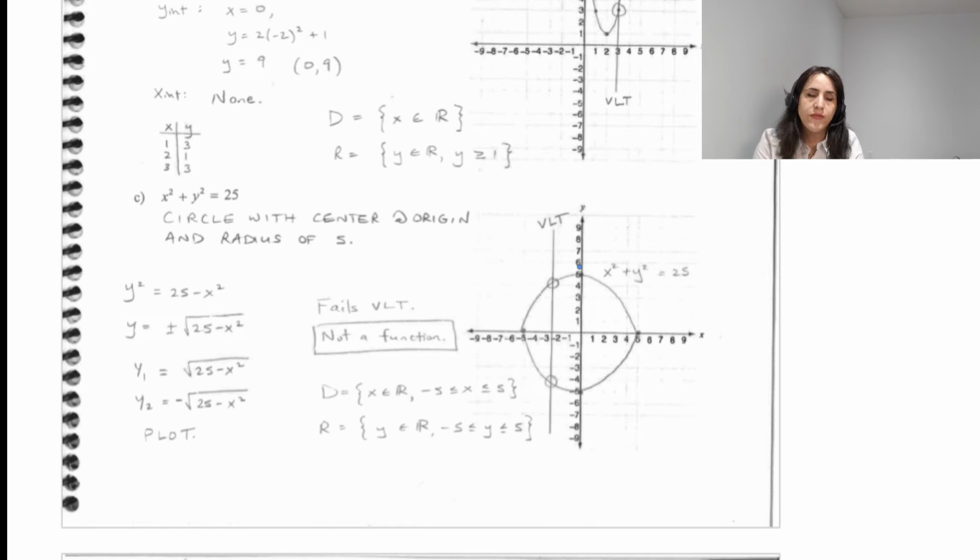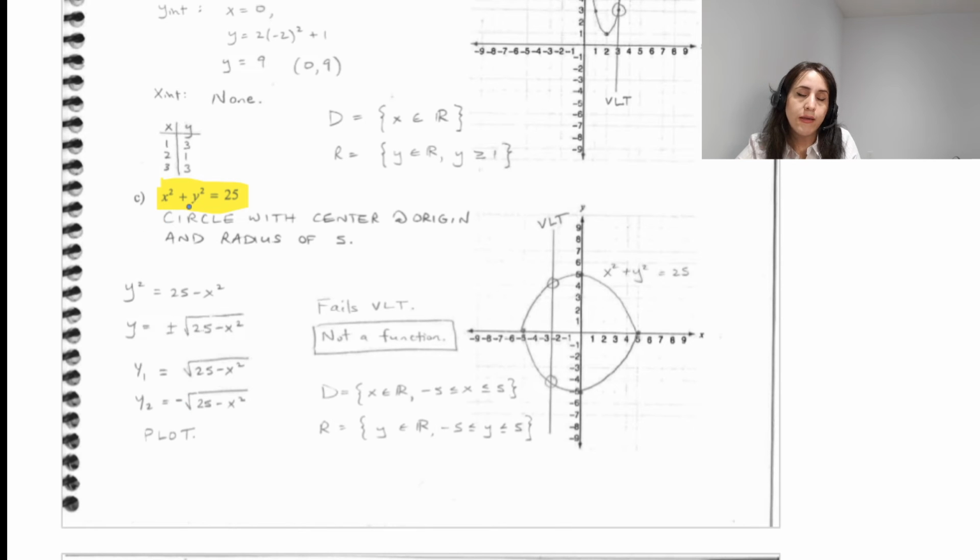There's another way to see whether this is a function or just a relation, by checking if there are two values for Y. Look at this: I had x squared plus y squared equals 25. Let me highlight it. Let's see algebraically if it's a function or not without drawing a graph.